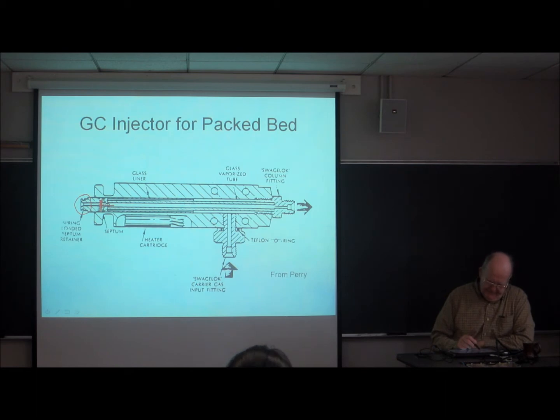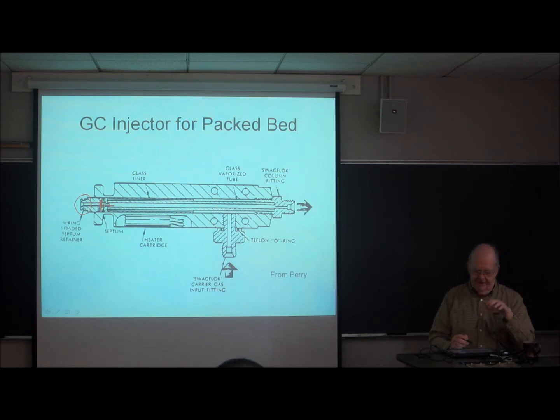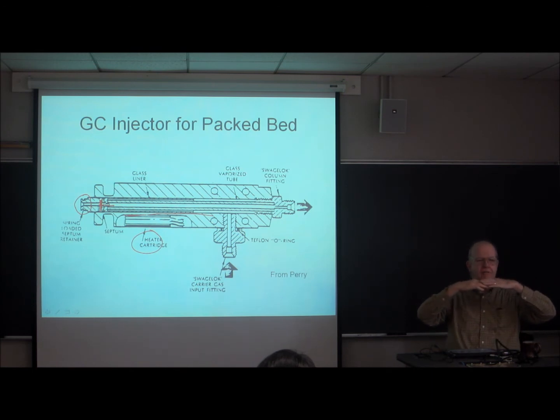It hits the injection liner. The injection liner is heated because it's in a heating block. Here's the heating cartridge. This is all metal. The glass liner is in contact with a hot metal surface, so the glass liner itself is hot.